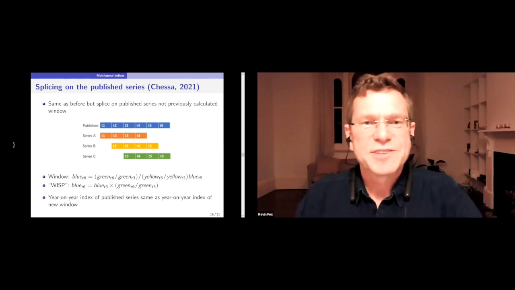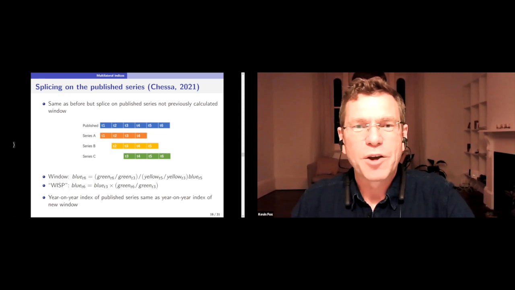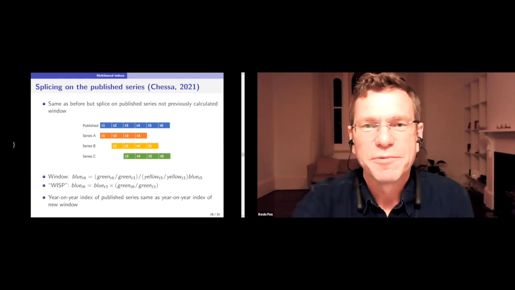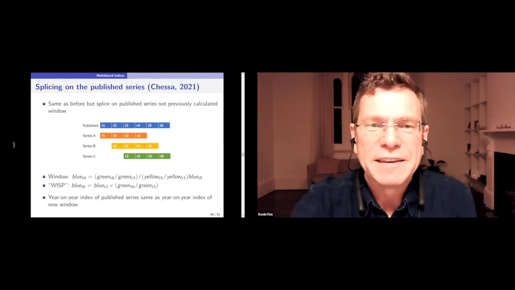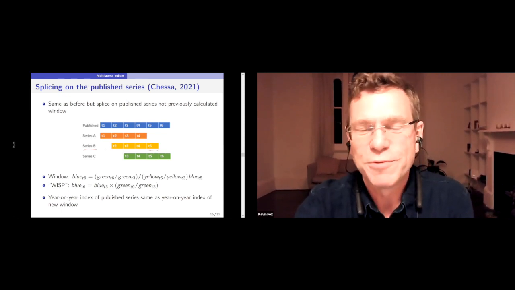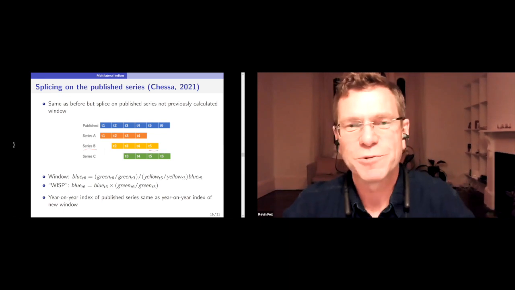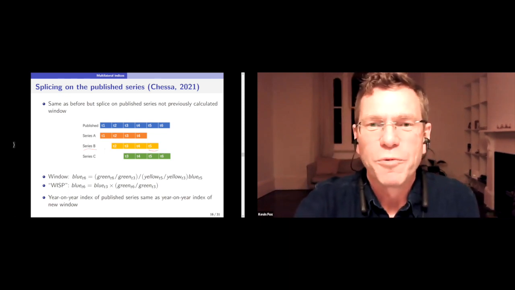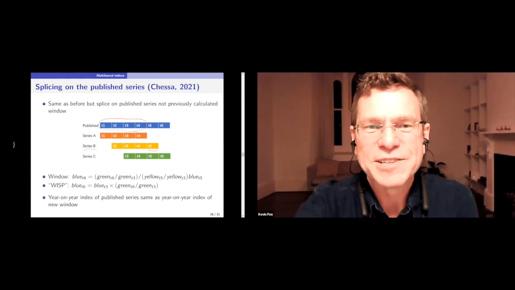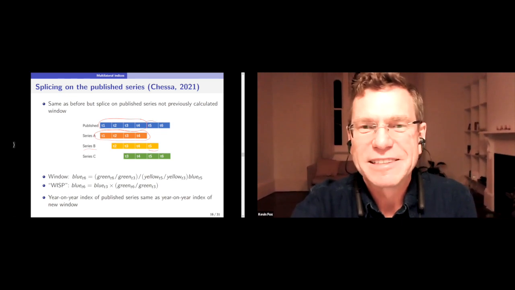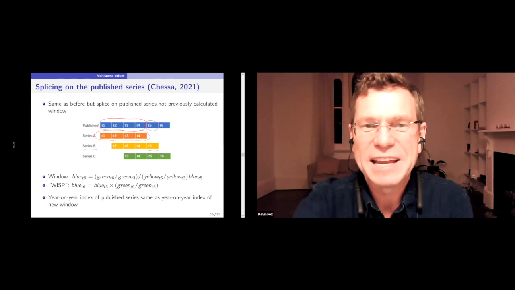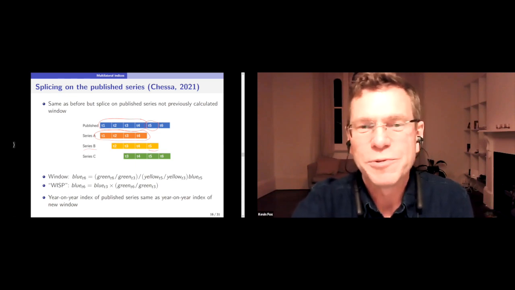So let's say you've got series A here, this orange series first up, and you've got 4 periods. Then you get series B, and you've got an additional period, right? So the window rolls forward. The window size is still the same, it just rolls forward. And if you've taken in the published series the first 4 from series A, but now you want to get this 5th observation here, well, you want to link series A with series B, and you can do that in multiple places.